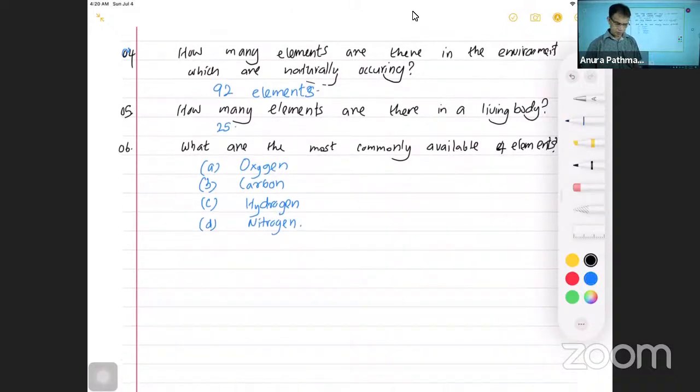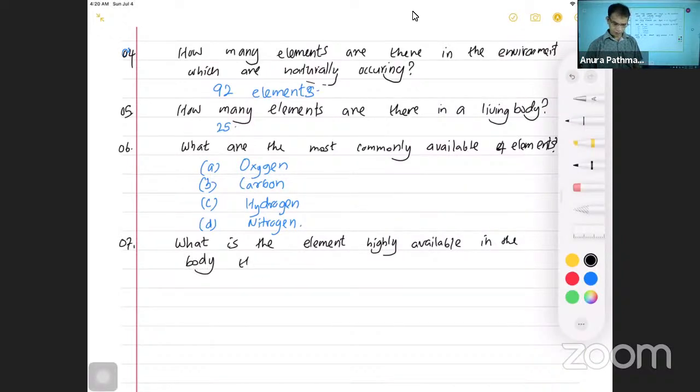I can go to the next question. What is the element highly available in the body than the others?